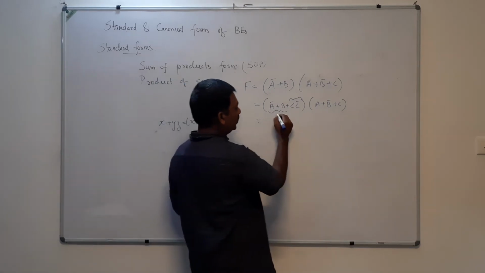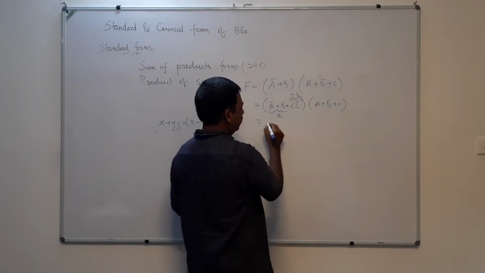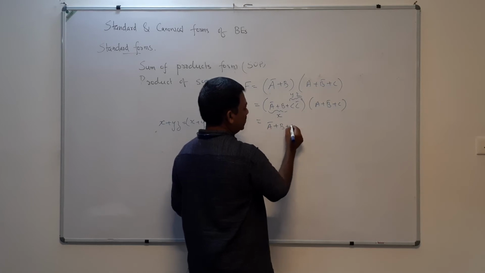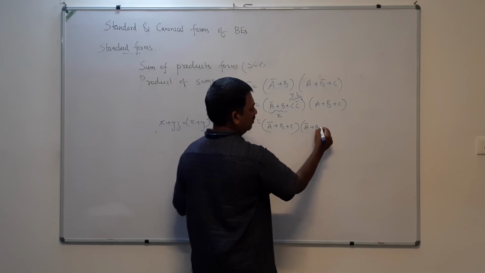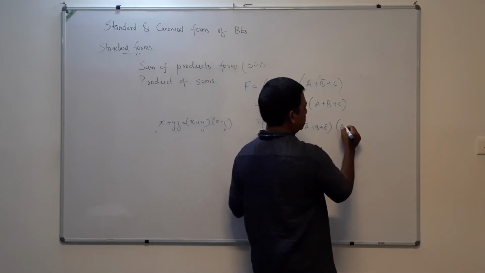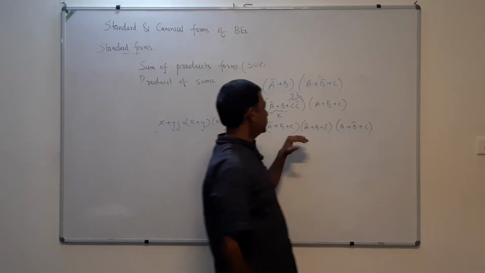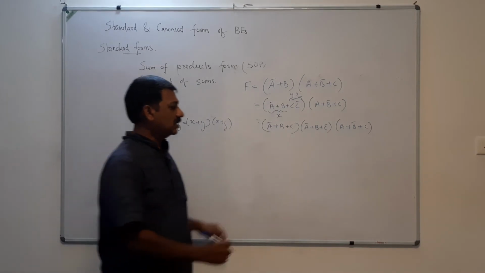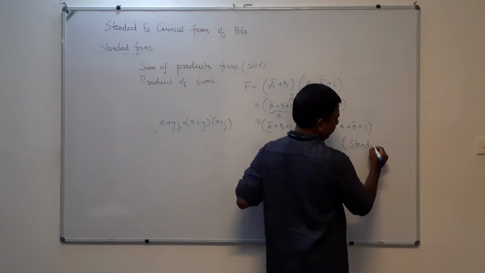Likewise, here you are going to treat this as x and this is y and z. Now, (a bar plus b plus c) into (a bar plus b plus c bar) into (a plus b bar plus c). Okay, this is the result. That means this is in standard form.